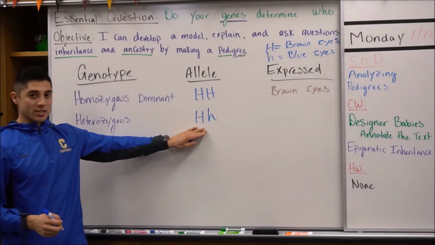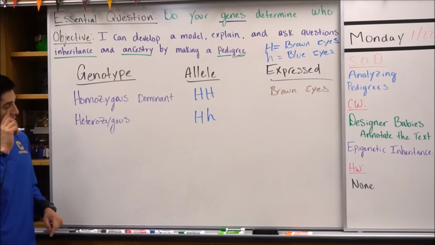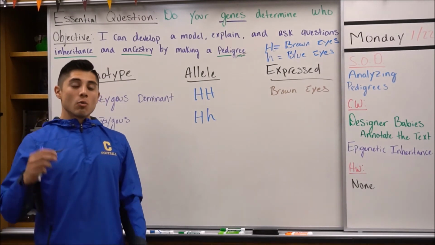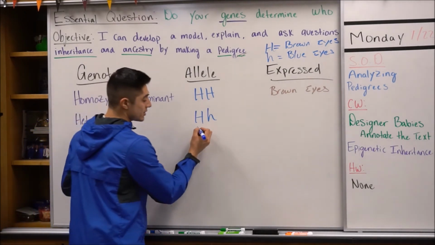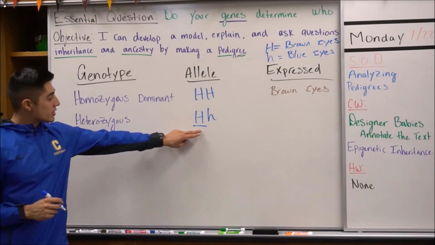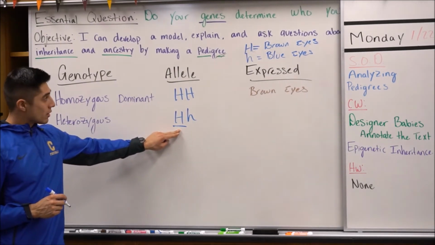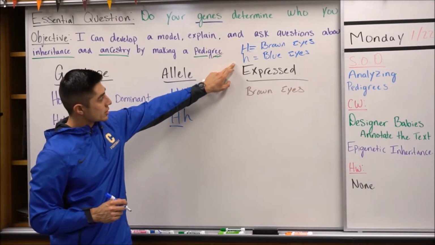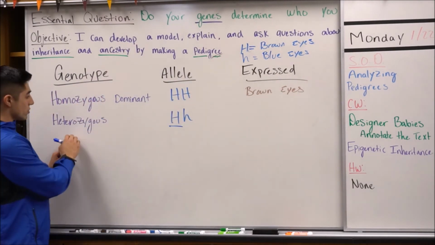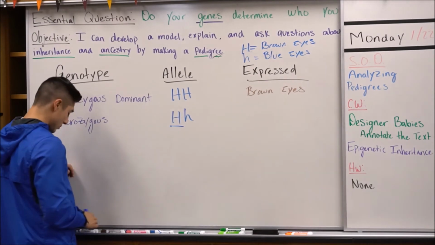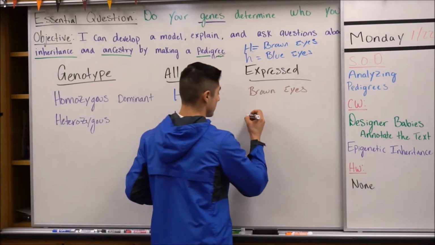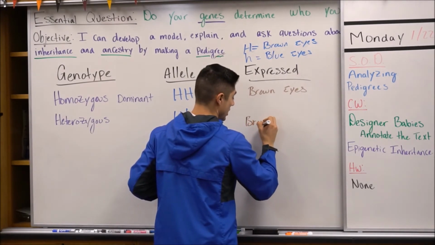An individual that's heterozygous for a specific trait will always express the dominant allele. The dominant allele is what color eyes? Brown eyes. So this individual who's heterozygous will express brown eyes.